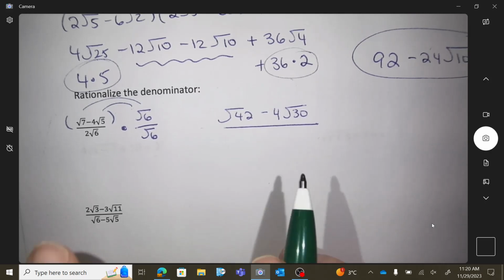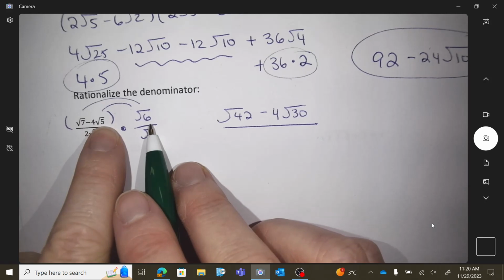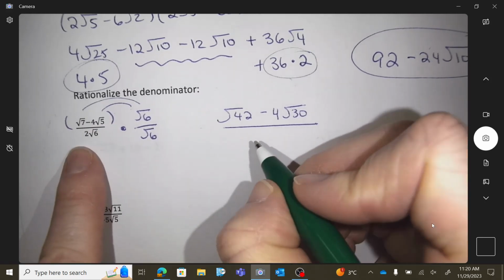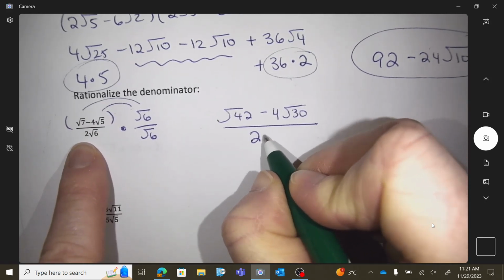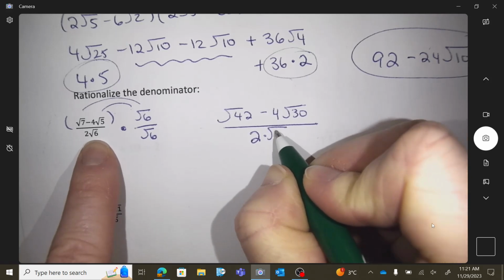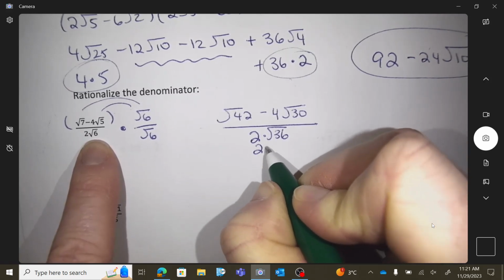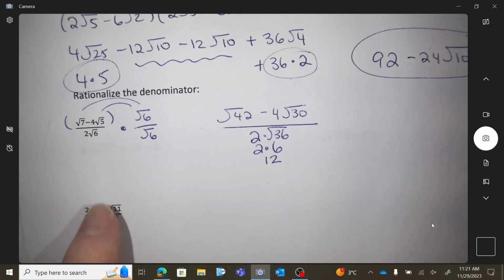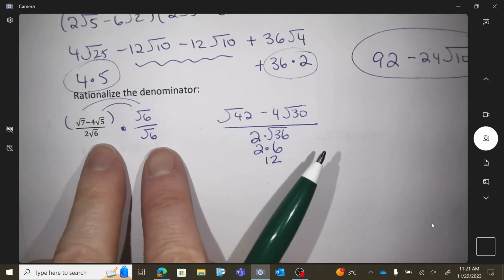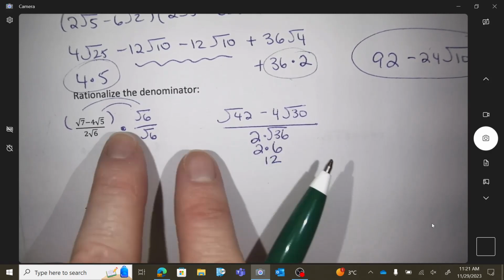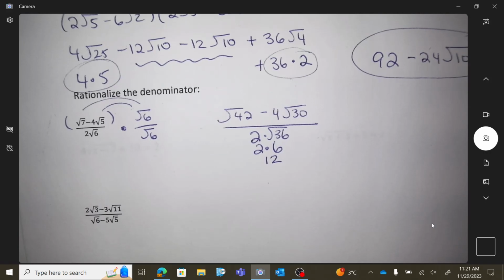Okay, is that good? Root 42 minus 4 root 30. And then this would be whole number 2, radical 36. Or the people that are just root 6 is just a 6 eventually, right?